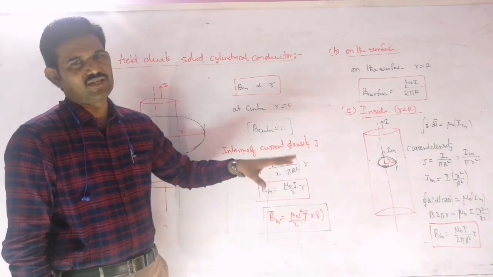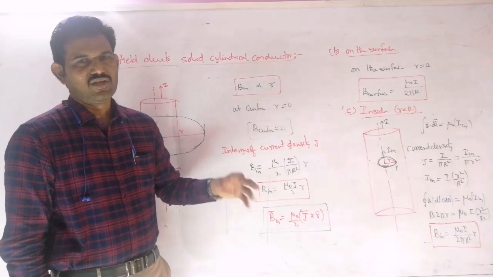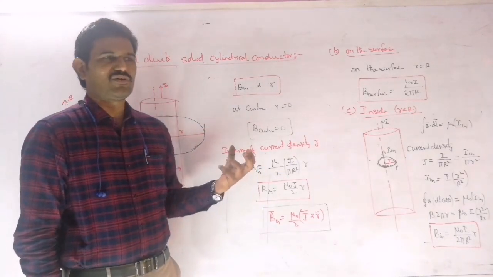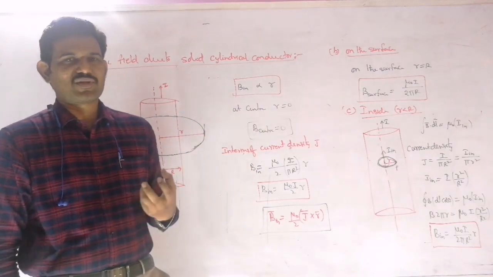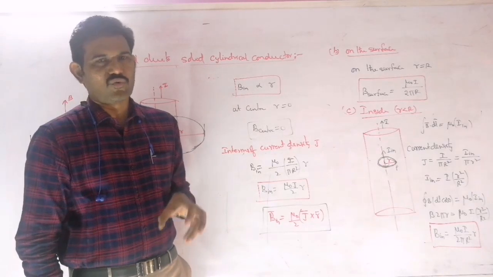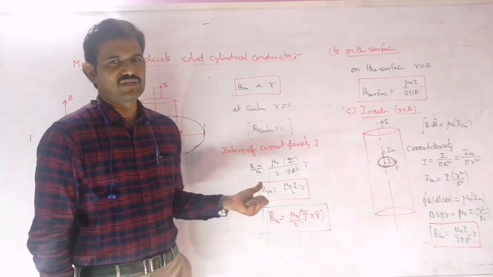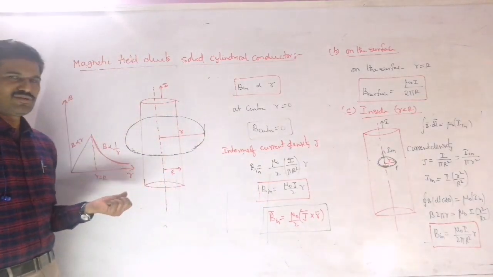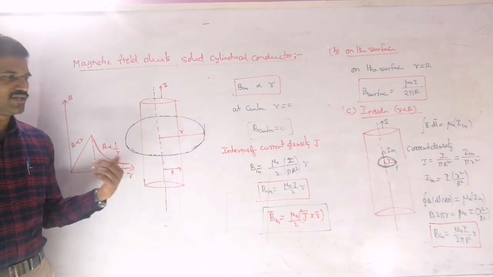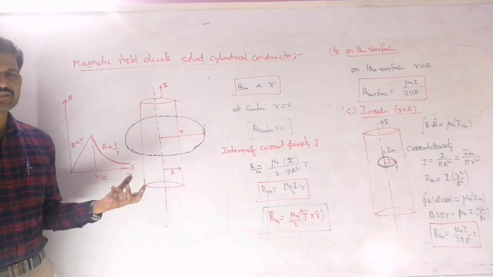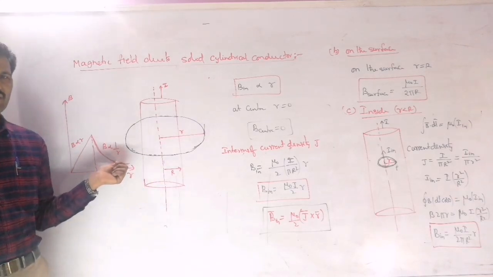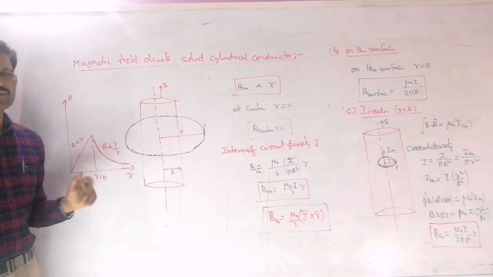This is the case when current density is constant. This case is similar to non-uniform charge distribution, the spherical charge distribution in electrostatics, when charge is distributed throughout the volume. The graphs are similar but not exactly the same, because outside it is inversely proportional to r square in the case of electric field, but here it is simply inversely proportional to r.